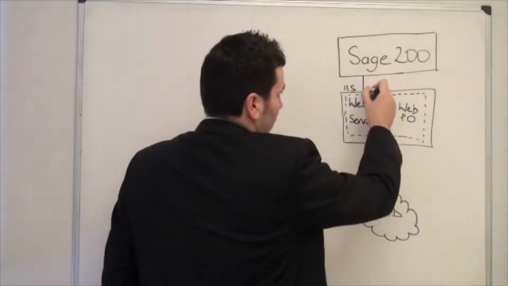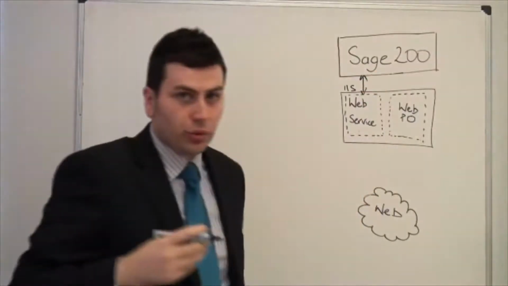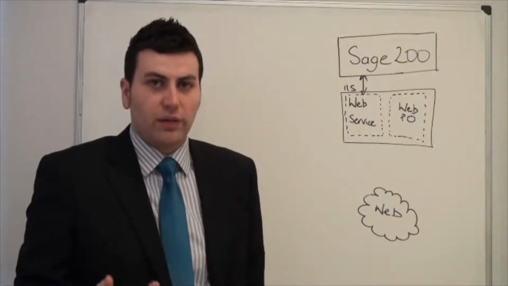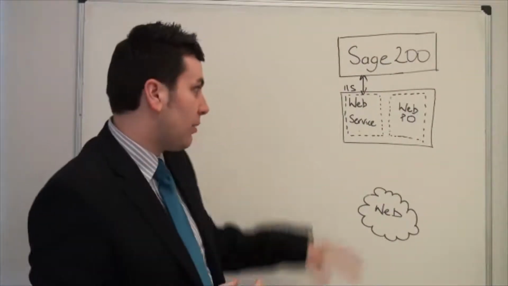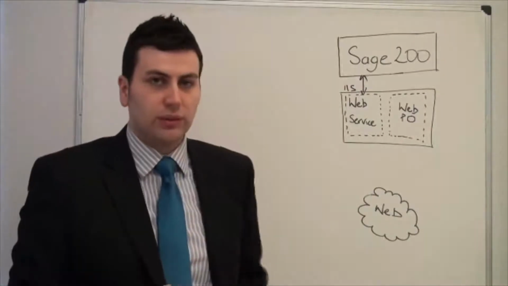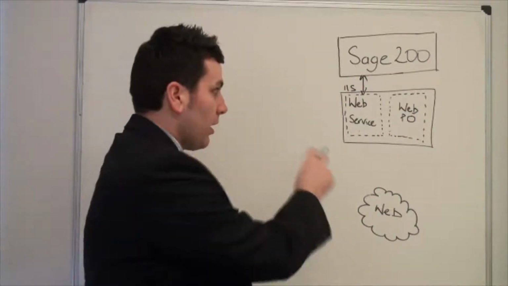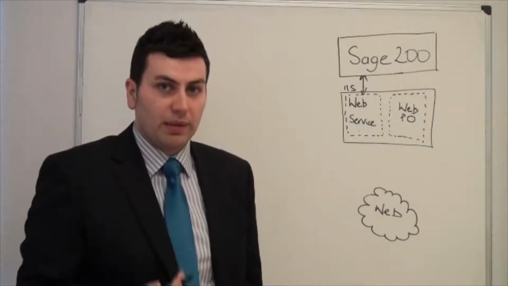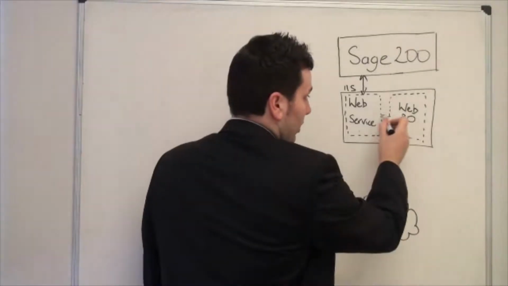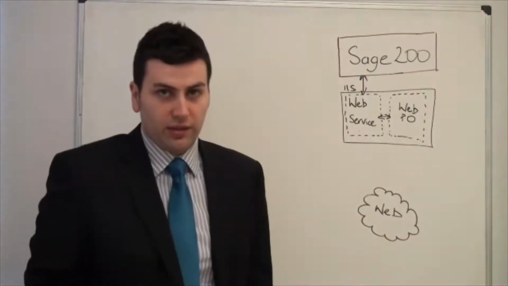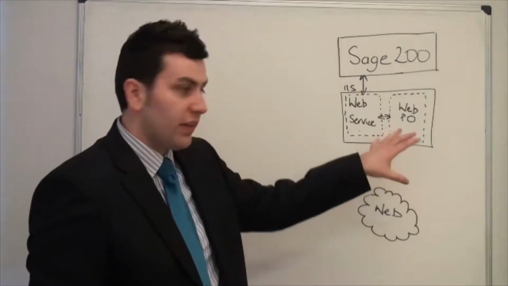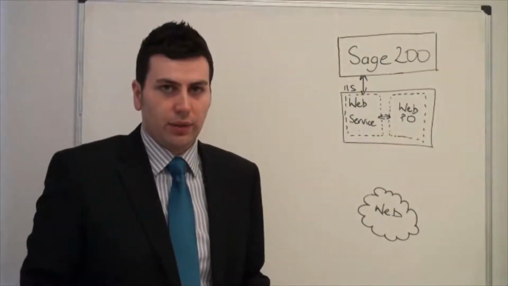So what it does is, it will pass your purchase orders, stock information, and allow you to create purchase orders into the Sage 200 system. The web service then links with the web interface, which is the other section that's sitting on your IIS server. And it's the web interface that you'll actually see and interact with.